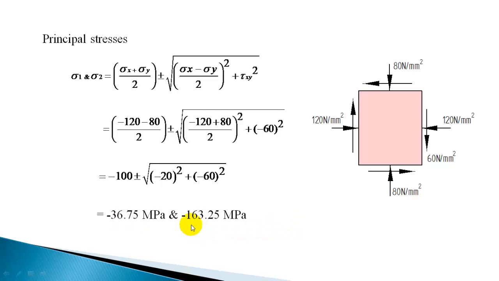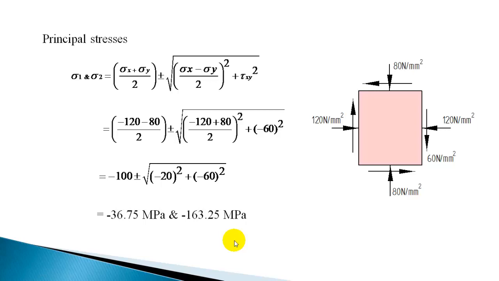Maximum compressive stress is 163.25 and minimum value of compressive stress is 36.75 megapascal. These stresses will occur on principal planes, and on any other plane you check, you will get stresses between these values. So you will not get stress more than 163.25 or less than 36.75 megapascal.